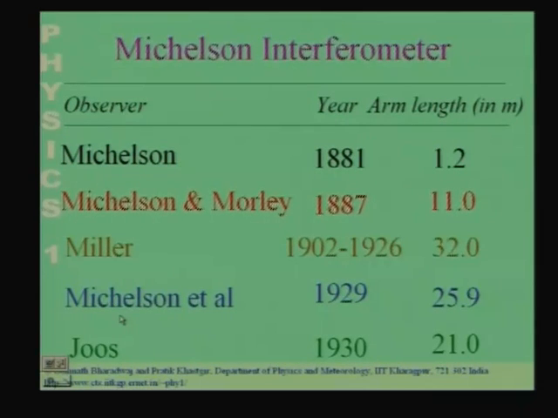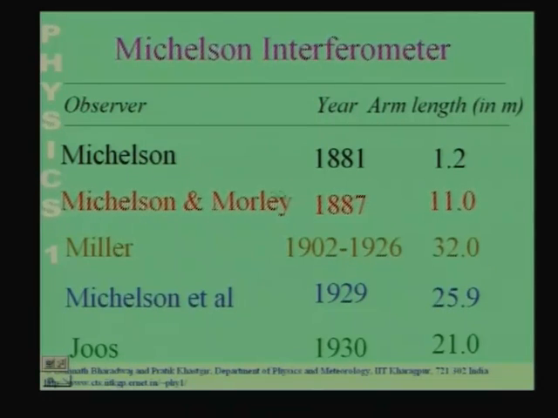In 1881, Michelson did the Michelson interferometer experiment using an interferometer where the arm lengths were 1.2 meters. Then there is this very interesting experiment by Michelson and Morley done in 1887, which used an interferometer with arms of length 11 meters.